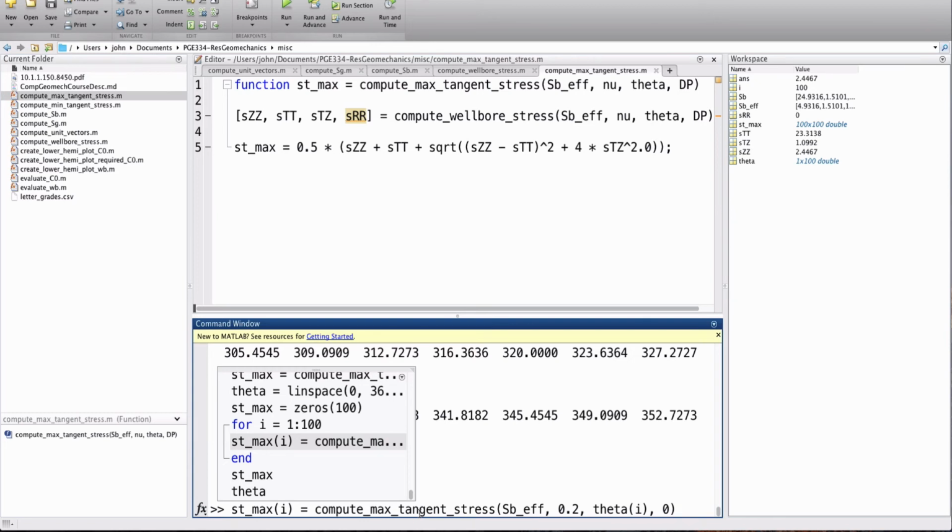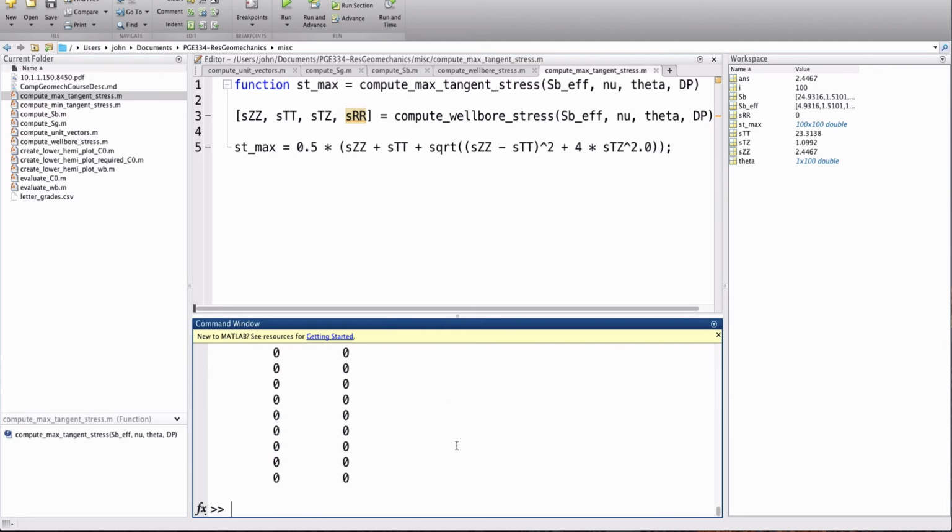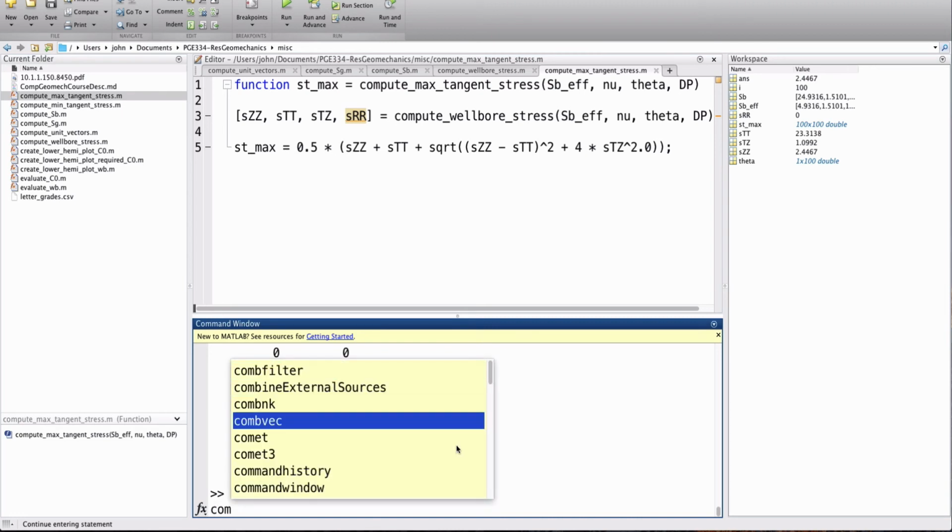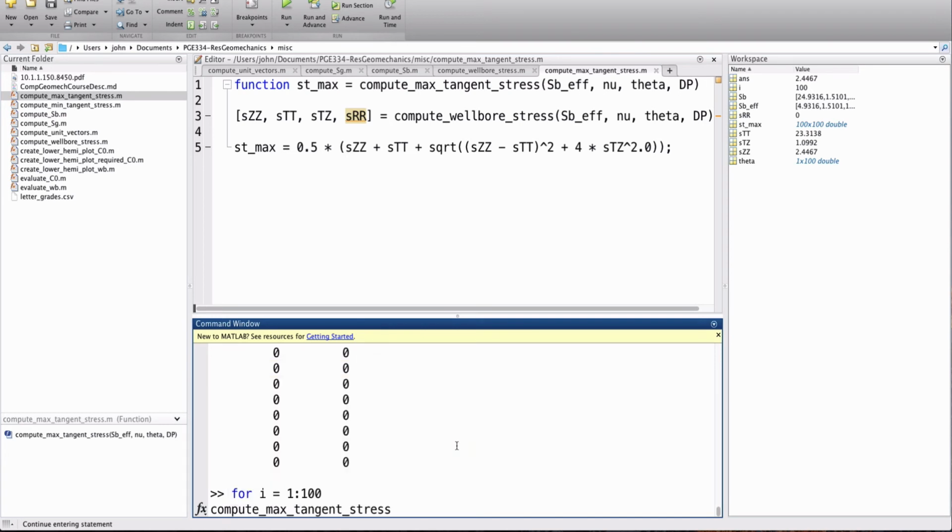I don't really see it. Let's see what happens if I do.